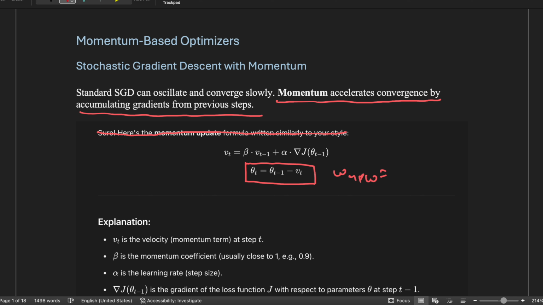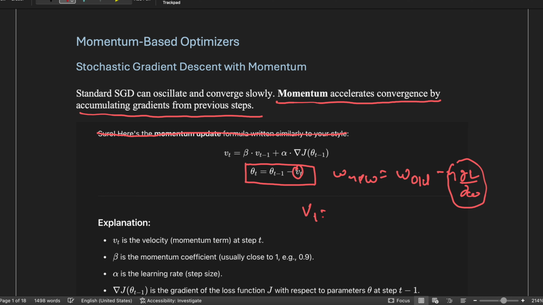So theta t or w_t is the current, new weight or parameter, and the older one is w_{t-1}. You already did eta times the partial derivative, the gradient with respect to that parameter. What we have done is replace this term with v_t. And what is v_t?